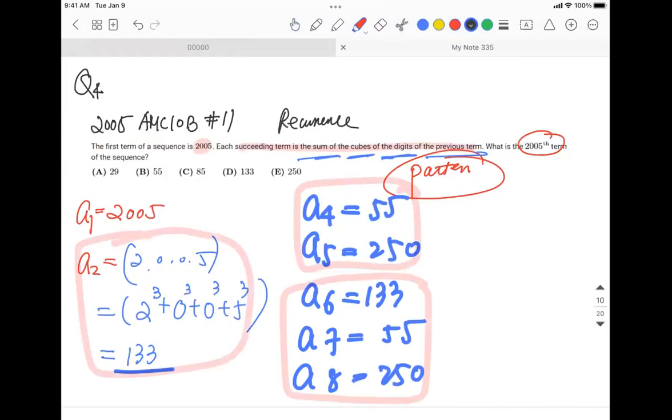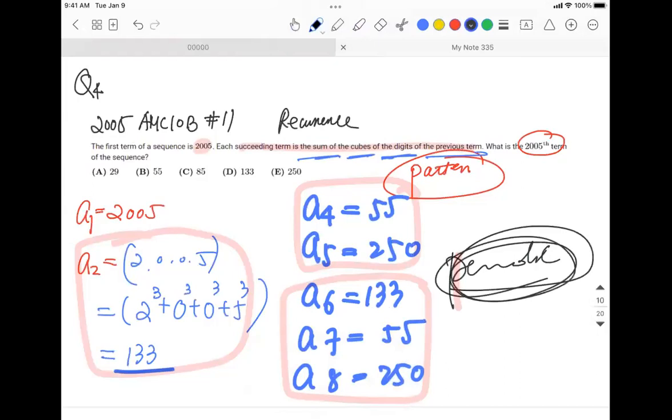The first one has no pattern, but starting from A2, A3, A4, you will be able to find out it basically repeats itself. So this is going to be a periodic sequence, right?